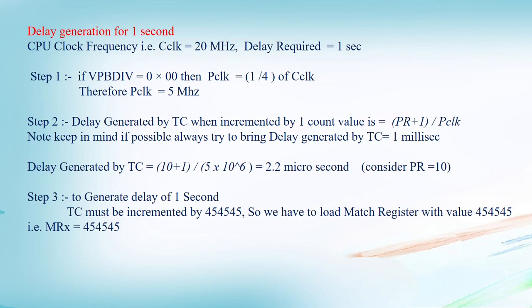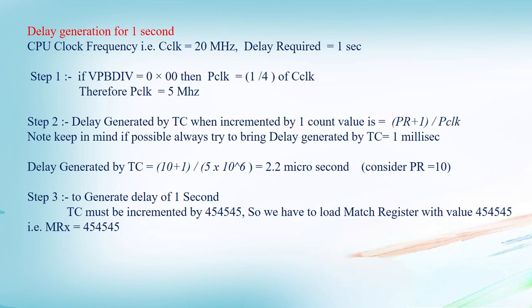Therefore PCLK equals 5 megahertz, as we considered the CPU clock as 20 megahertz. Step 2, the delay generated by the timer counter when incremented by one count value is (PR plus 1) upon PCLK. This is the formula to calculate the TC value.